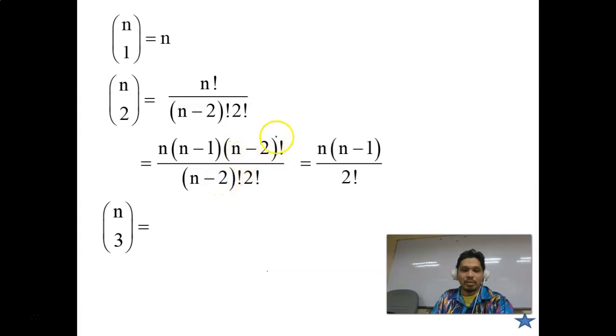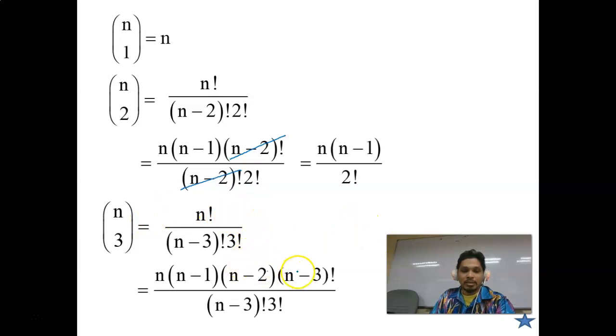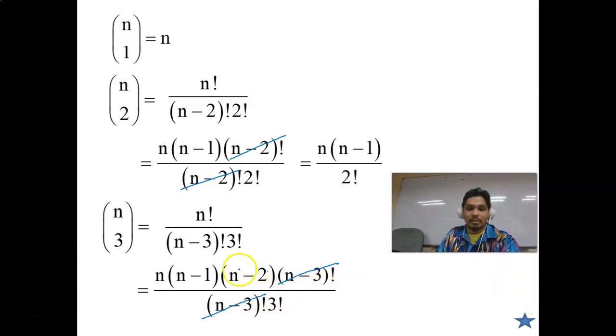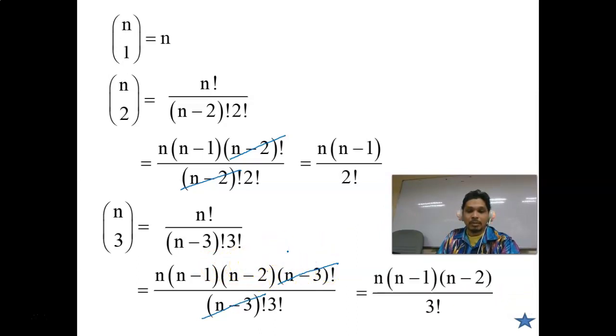We will put this one here. So cut these two, then we get n times n minus 1 divided by 2 factorial. And what about this one here now? So cut this, divide by itself. So finally it becomes n times n minus 1 times n minus 2 divided by 3 factorial.